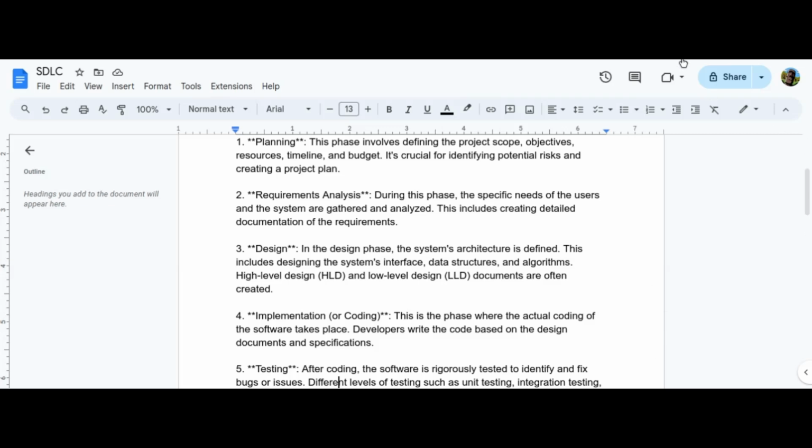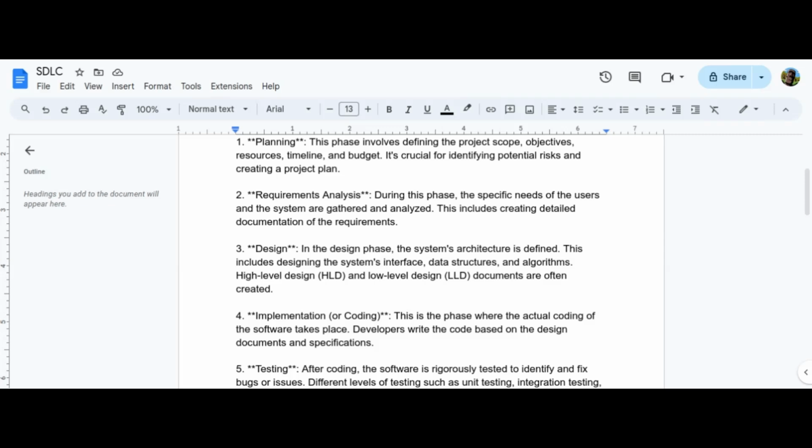Design means what will be the visual design of the application or website. This phase will decide that.